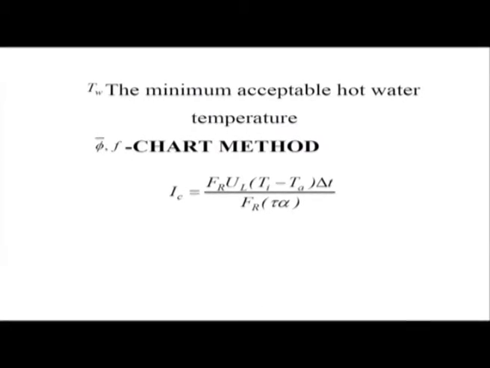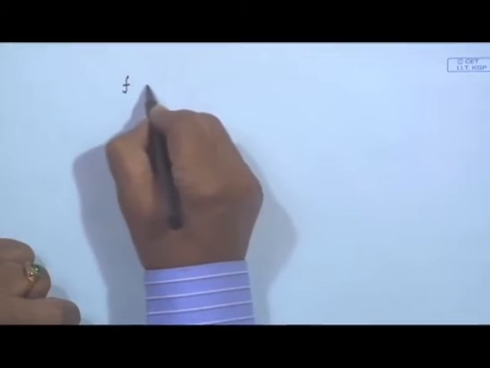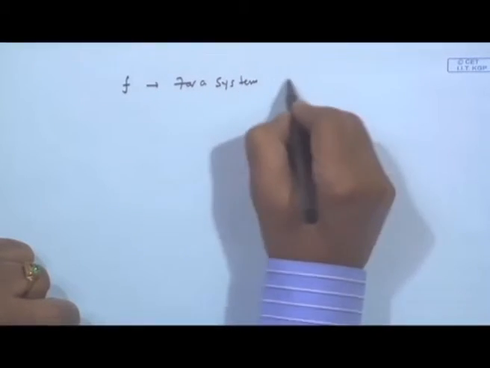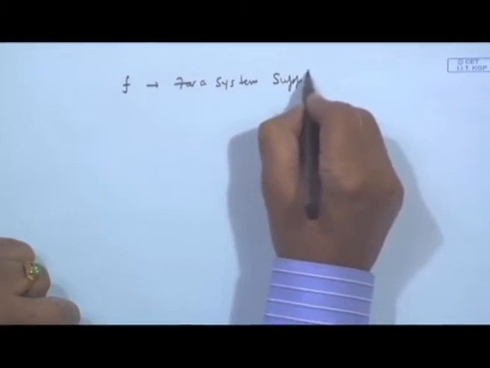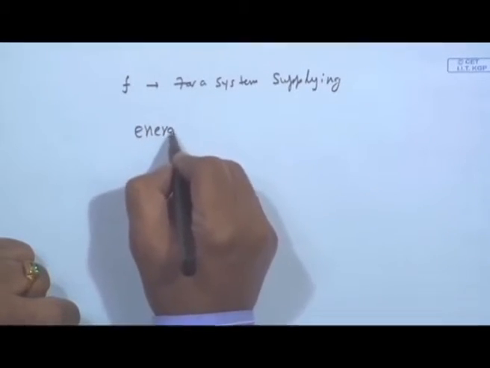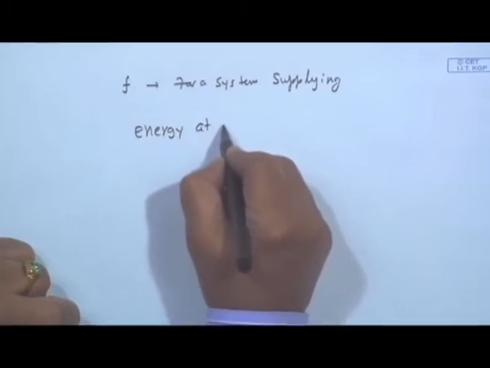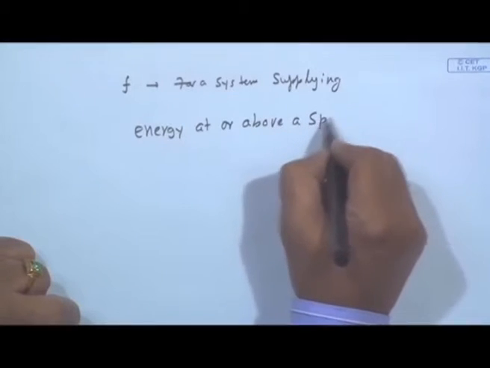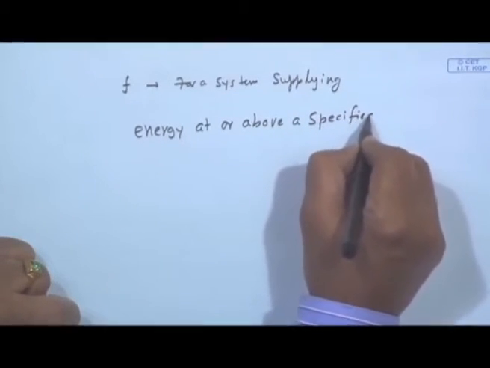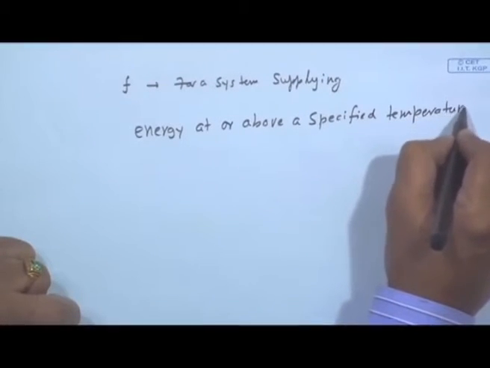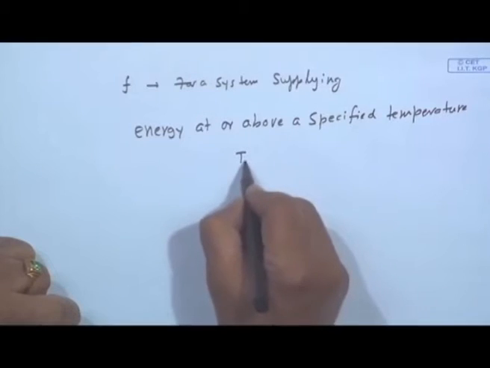Now, in order that you calculate the solar load fraction F for a system supplying energy at or above a specified temperature, that temperature being T minimum.